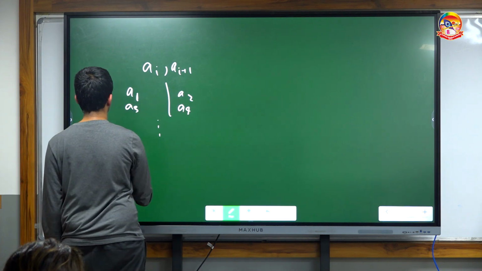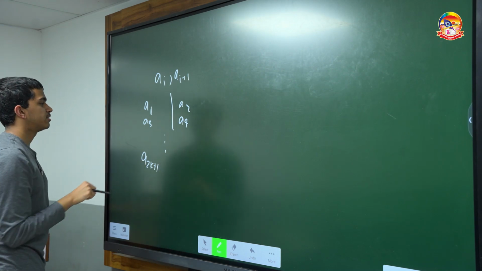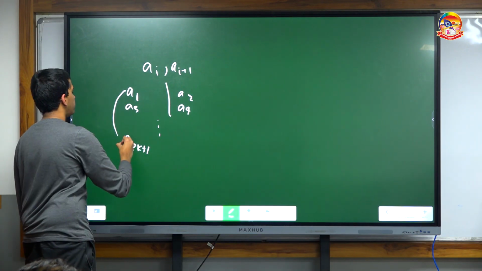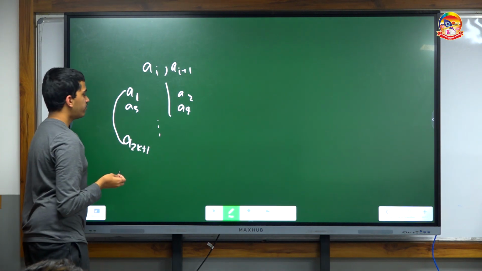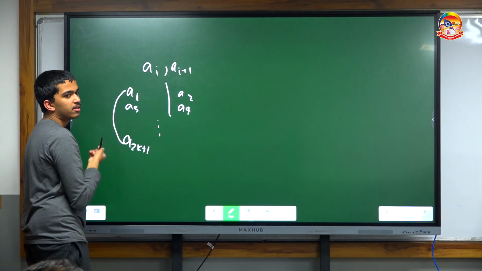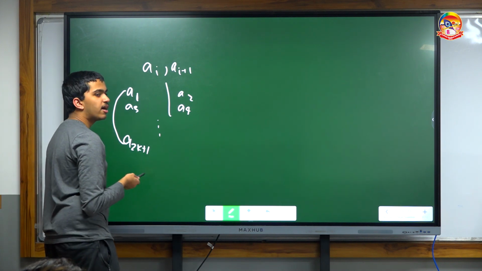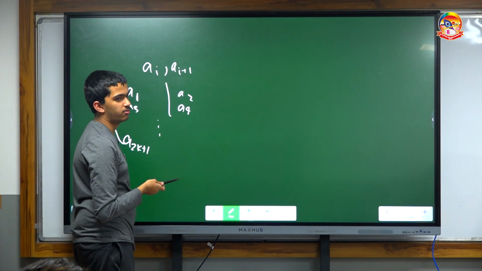So if we go on like this, then we get that a_{2k+1} also has the same sign as a1. But this means that a1 and a_{2k+1} have the same sign, but that's a contradiction because they are consecutive. So we get that t can't be less than 2 by n, so it is 2 by n only.